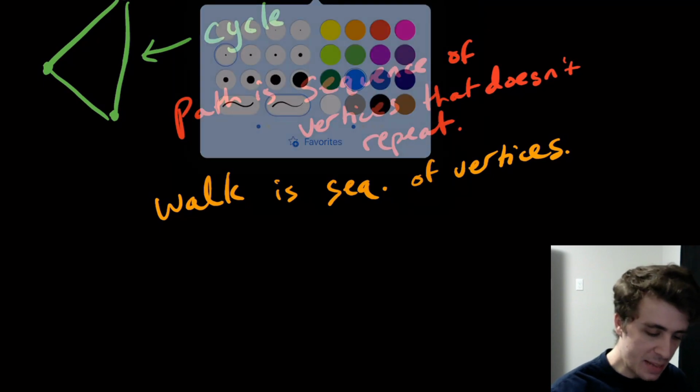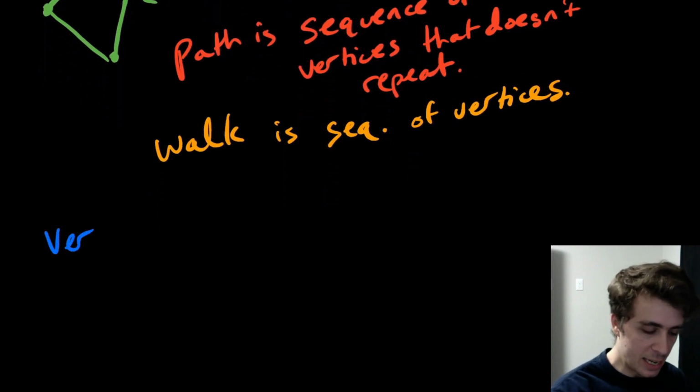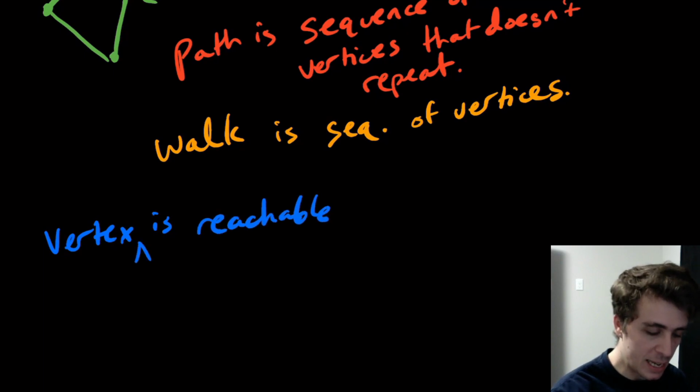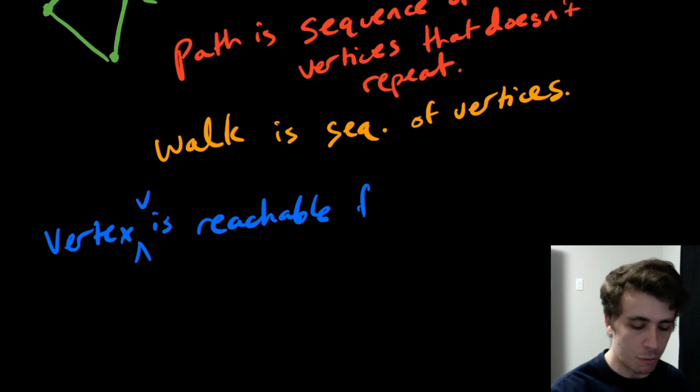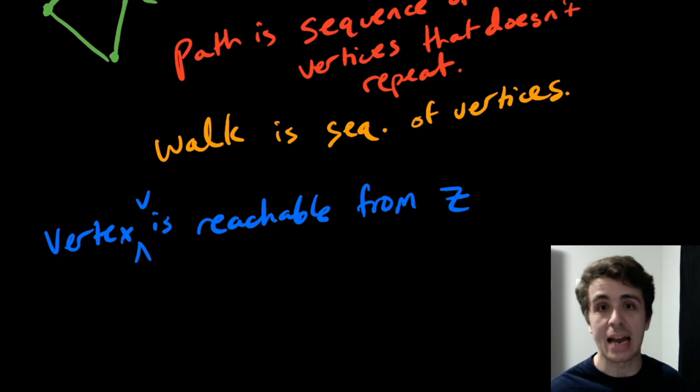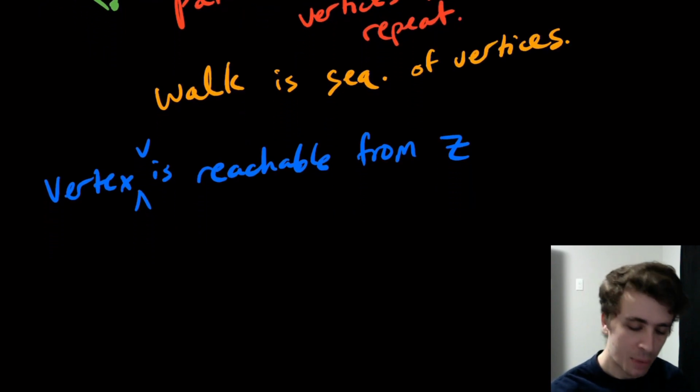We say that a vertex, let's call it V, is reachable from Z. So from vertex Z, can I reach the vertex V?